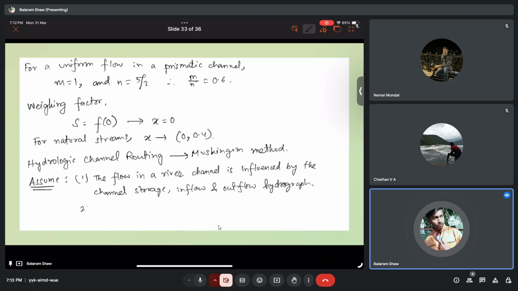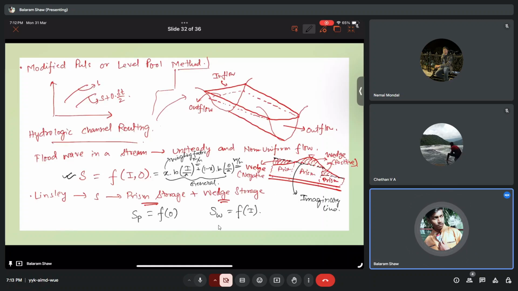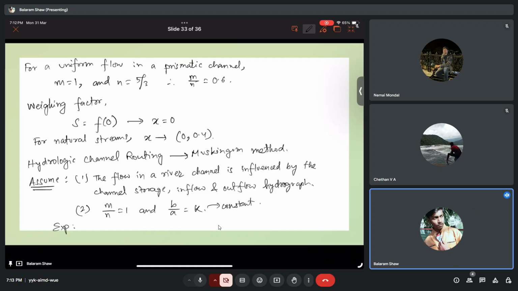It also assumes that m by n equals 1 and b by a, the constant that we have seen there, equals k. K is also constant here. Hence the general expression, X into b into I by a to the power m by n, reduces to S equals k into [xI plus (1 minus x) O], where O is the outflow.